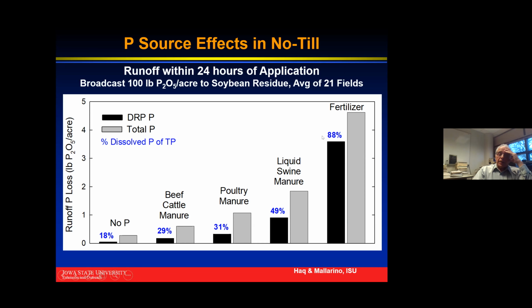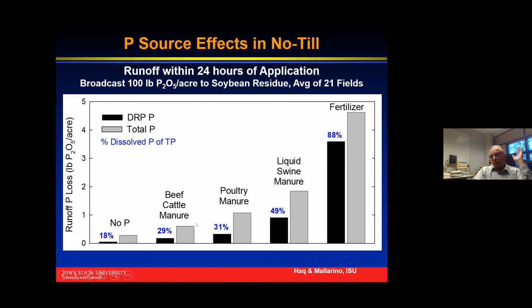So we can see that, and this has been consistent in many studies that we did in Iowa, not in this one, that the highest losses, okay, the gray is the total P, the black is the dissolved P, which is DRP in this case, are with fertilizer, then with liquid swine manure, and much less with the solid manures.